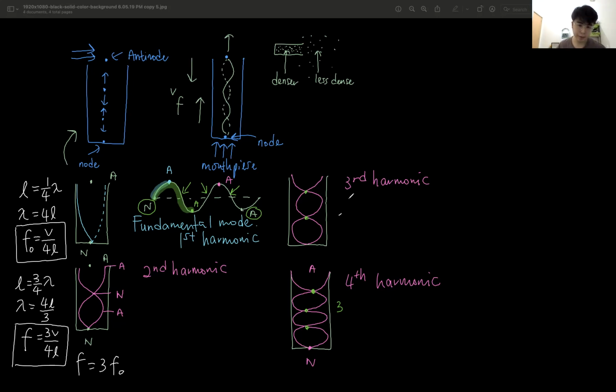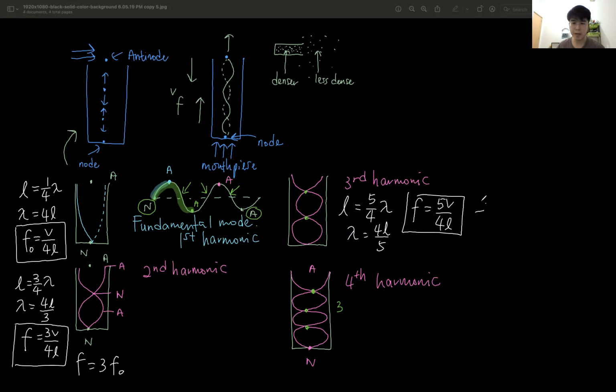Next one. L equals 5/4, which is one wave and 0.25. So lambda equals 4L over 5. Frequency is 5V over 4L. Box this.